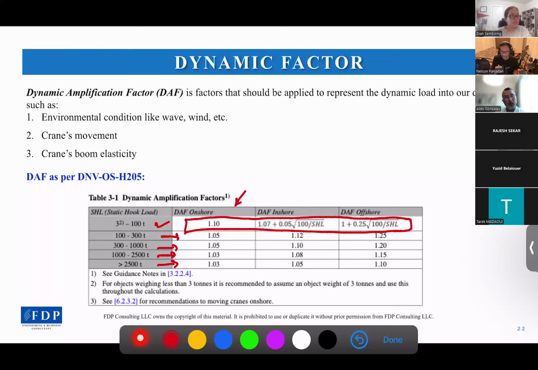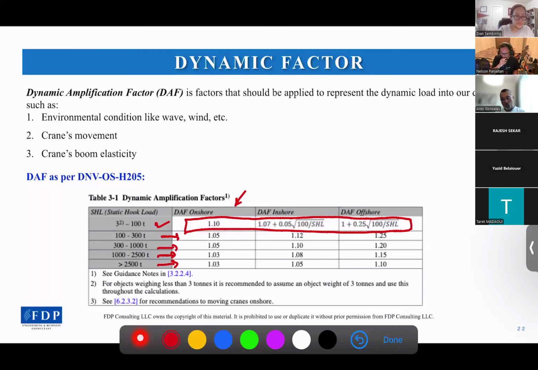We can calculate it manually, and the result will be less than the offshore dynamic factor as per DNV. But the problem is it's very long to calculate. That's why it's better to simplify by just using the dynamic factor, and then it will be very safe, because it's more than if we calculate it manually.